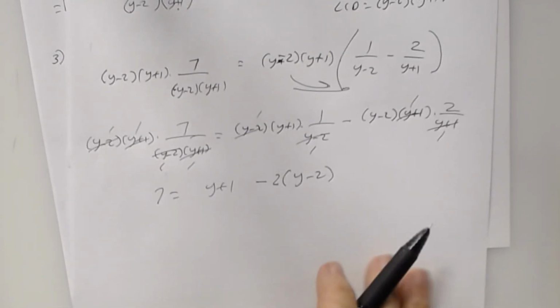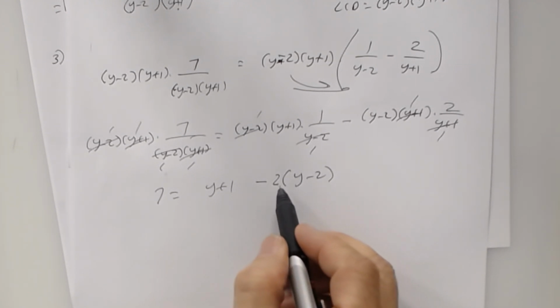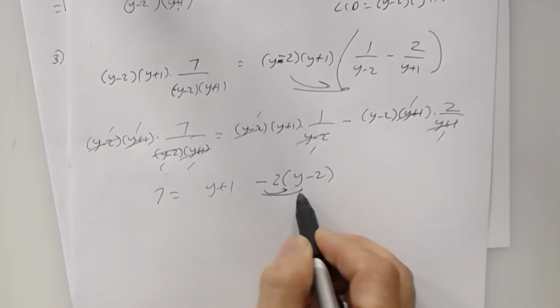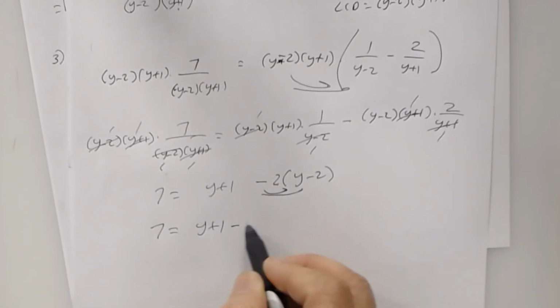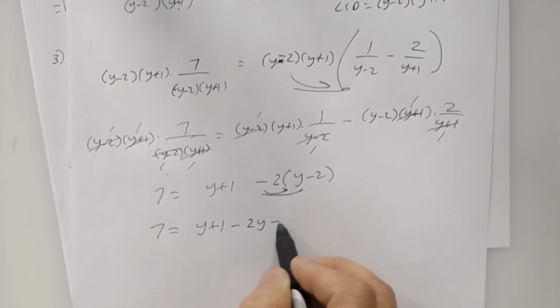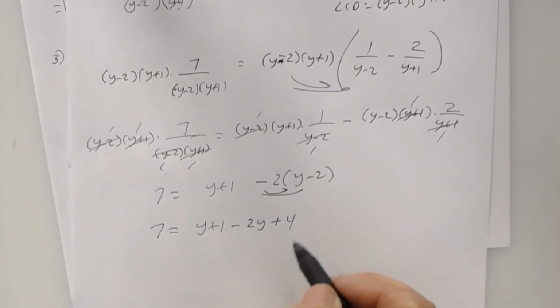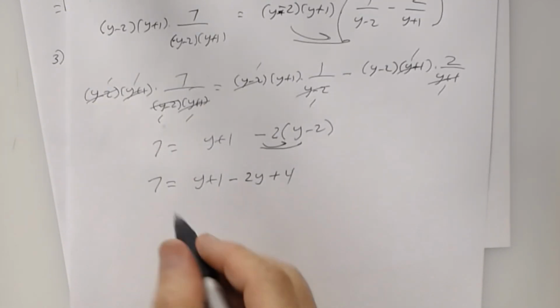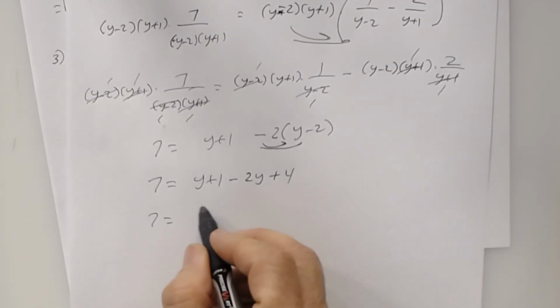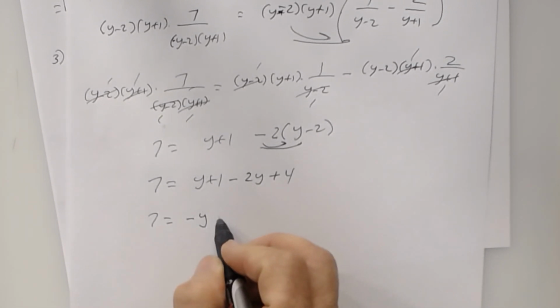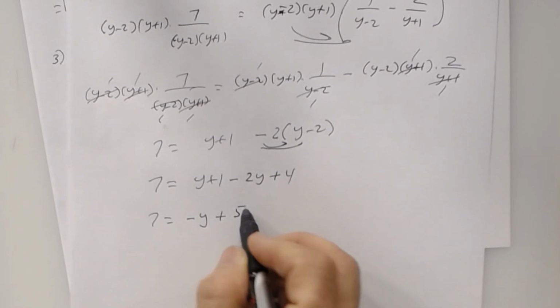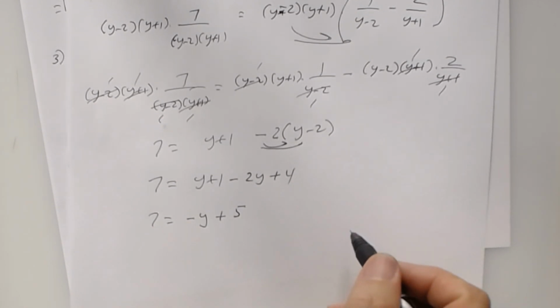What's the next step? Distribute. So I get 7 equals y plus 1 minus what? 2y plus 4. What's the next step? So I get 7 equals, all right, so let's see, negative 1y or negative y plus 5, okay?